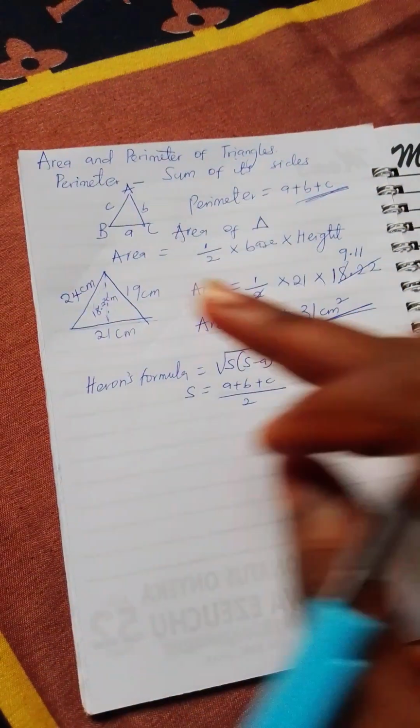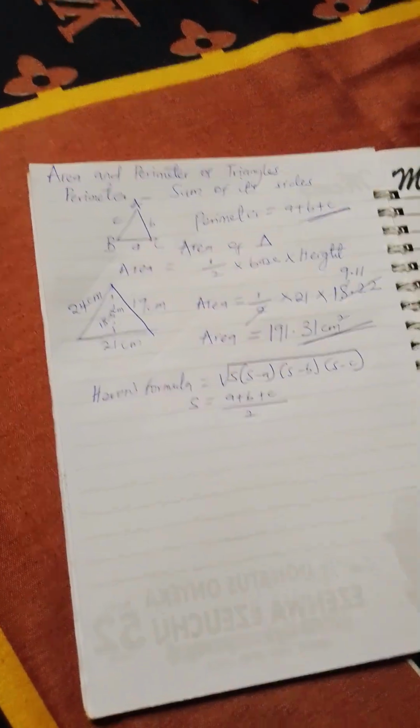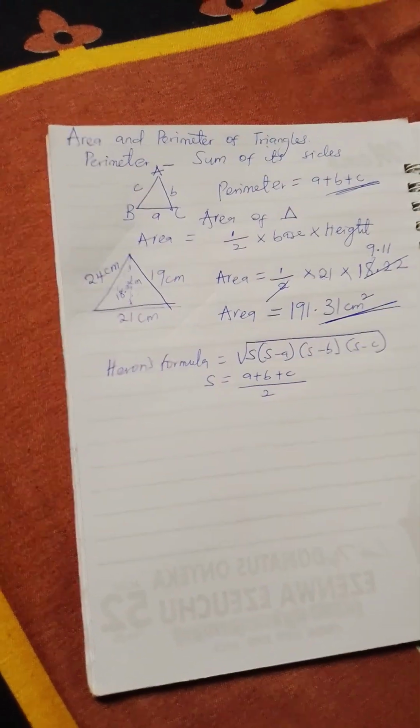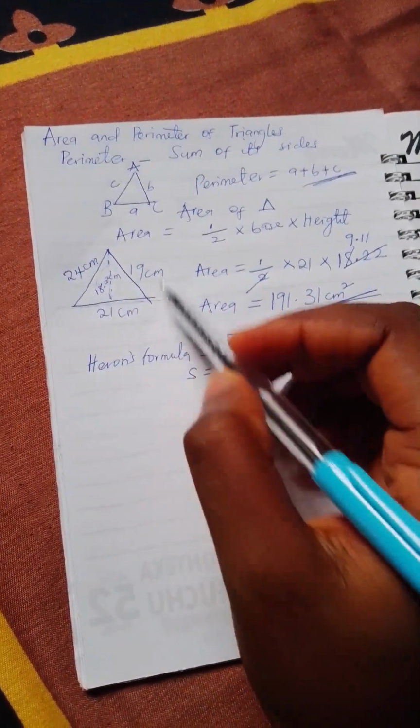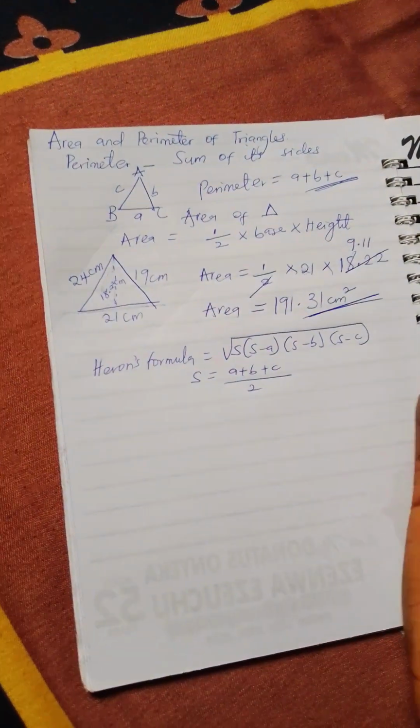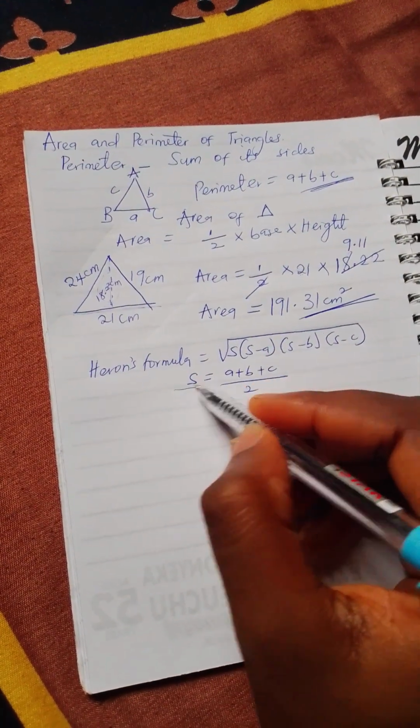So now let me use this triangle here to also clarify this second formula. So now let's assume that we also want to find the area of this triangle without making use of the height. So I'm going to first of all find my s.